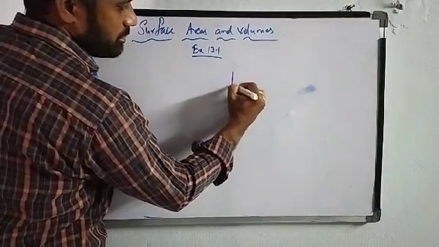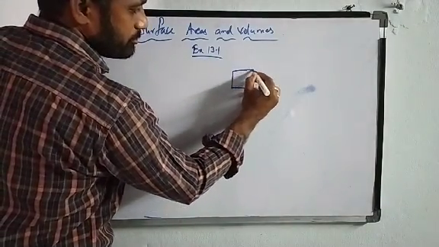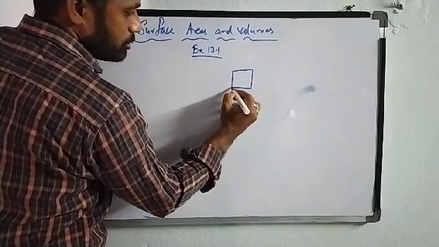First question is that there are two cubes. So these are the two cubes.